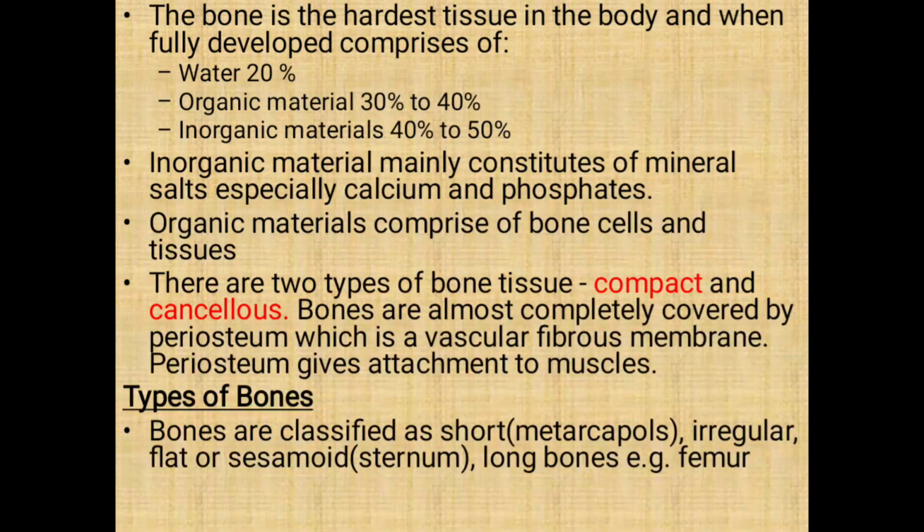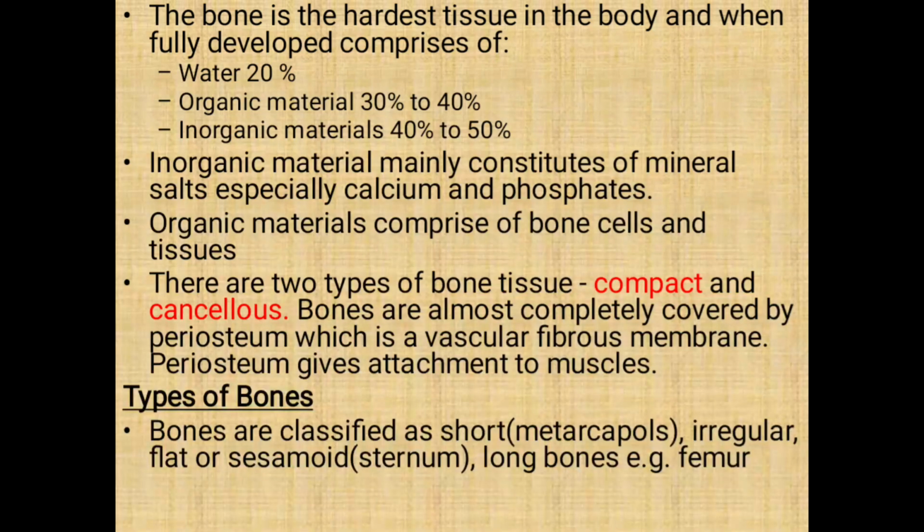So the bone is the hardest tissue in the body, and when developed it comprises of 20% water. Did you know that the bone is 20% water? Now our viewers, you know that organic matter 30% to 40%, then inorganic materials 40 to 50%.